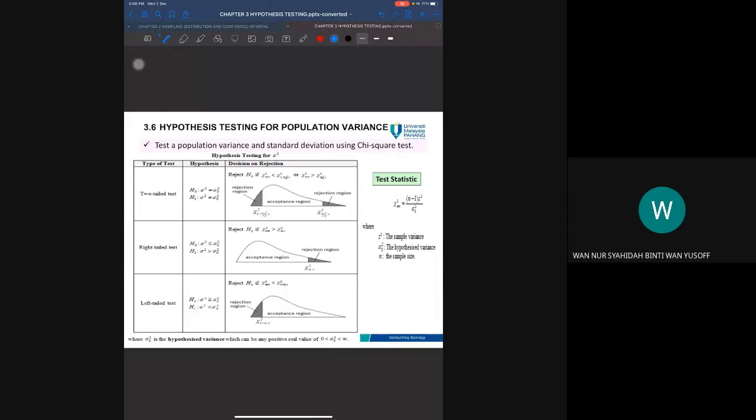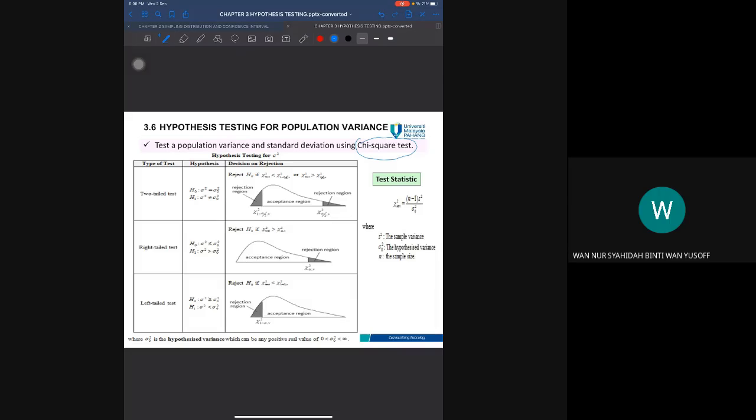Okay. So population variance. Single population variance. For the single population variance or standard deviation, we use the chi-square test. For the hypothesis, it depends on the question.